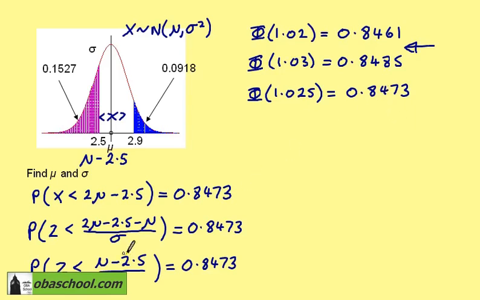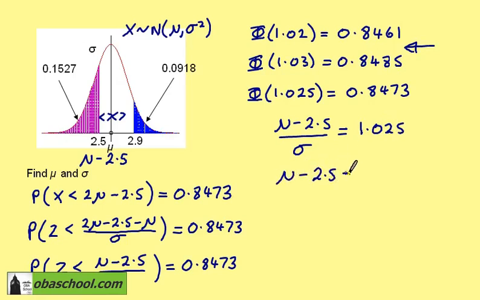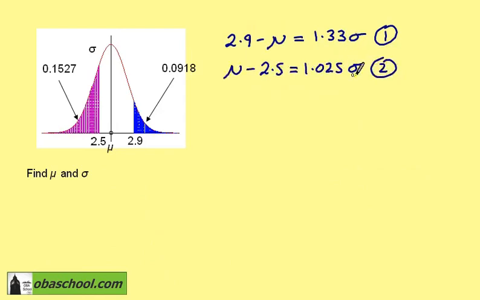However, using this interpolated value, it follows that mu minus 2.5 over sigma is equal to 1.025. So mu minus 2.5 is 1.025 sigma, and we'll call this equation 2. Here we have the two simultaneous equations.